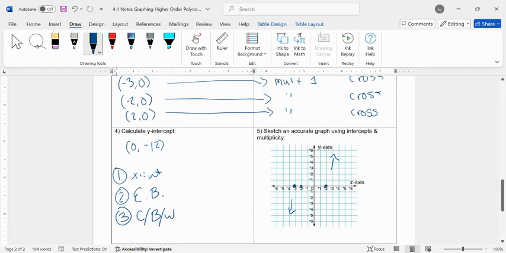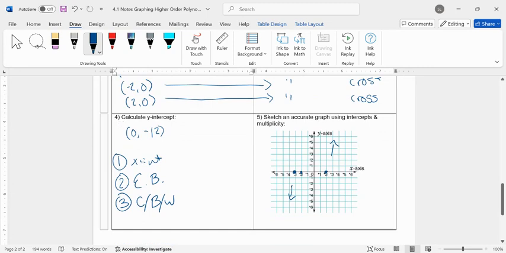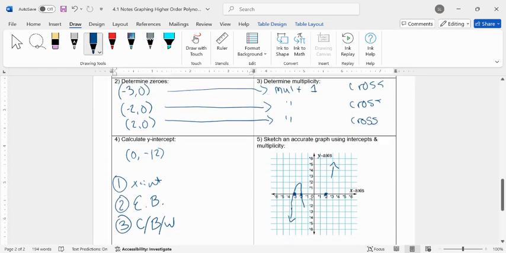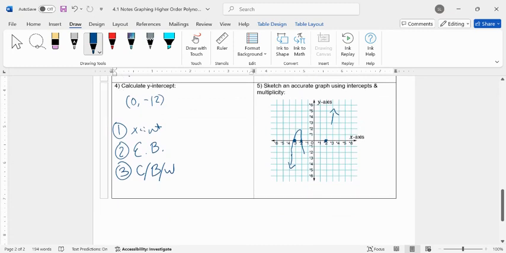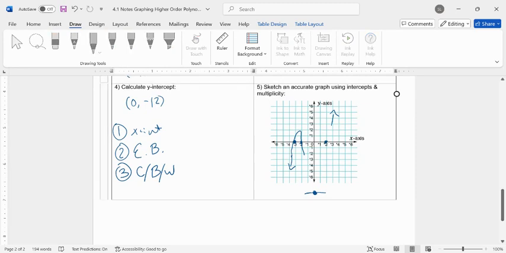I know I'm going to cross at each one. So I'm going to cross at negative 3. I'm going to have to turn down and cross at negative 2. And then keep in mind your y-intercept would be down at like negative 12. You're going to have some pretty large y-intercepts, large negative, large positive. So if you run out of space, just put it down. Like if I had negative 200 for my y-intercept, I'm not going to scale it and actually go down to negative 200. Just go off the numbers, label it as whatever it is. So this is negative 12.